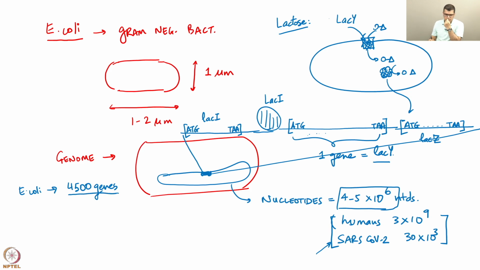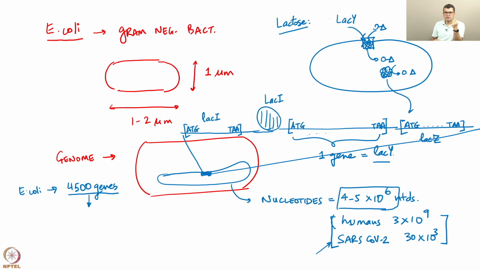But as we saw last time, genes like LAC-Z and LAC-Y are only going to be transcribed and translated when lactose is the carbon source in the environment. If there is no lactose, then LAC-I would ensure that transcription and translation of these genes is in the off state. So, what we should learn from that is that in any given environment, even though E. coli has the capacity to make proteins corresponding to each one of these 4,500 genes, not all these genes are going to be transcribed and translated in a given environment.